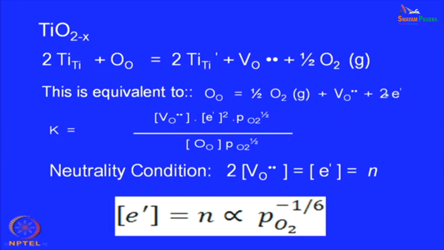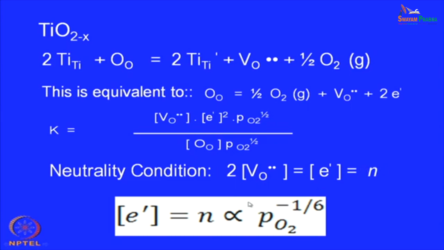Otherwise the relationship is exactly the same: instead of metal vacancy you have oxygen vacancy, and twice the number of oxygen vacancy is equal to the electron concentration, which is n this time, not p. So n is proportional to PO2 to the power minus 1/6. These are the reverse and the inverse of that. So it is minus 1/6 and it is becoming electron.